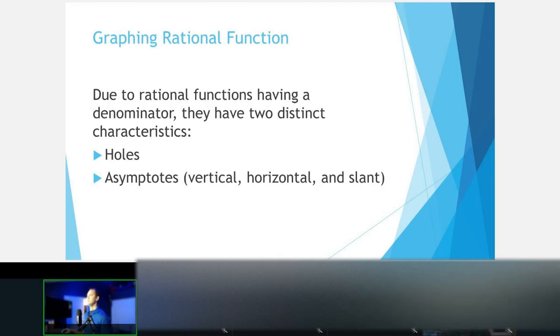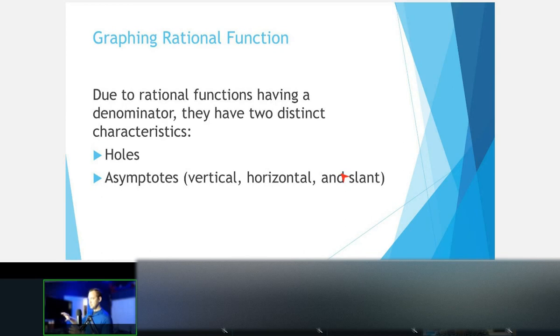All right, graphing rational functions. It says due to rational functions having a denominator, they have 2 distinct characteristics. First one, you're going to have holes in your graph. And the second, you're going to have asymptotes. Now, asymptotes are vertical or horizontal or slants.